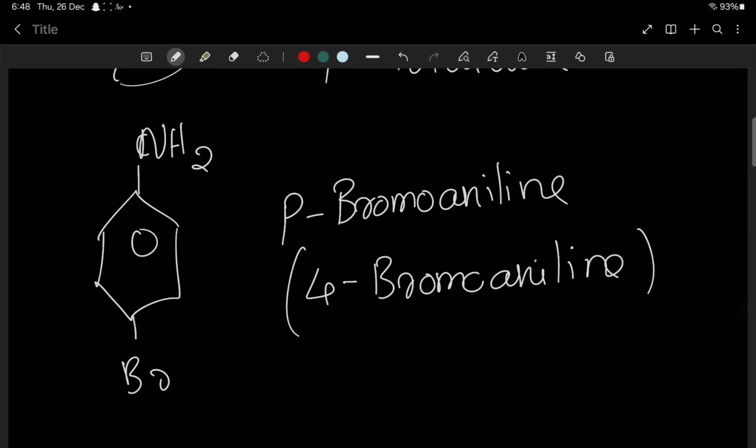Now we will do one question from NCERT itself, question number 9.2 from NCERT.